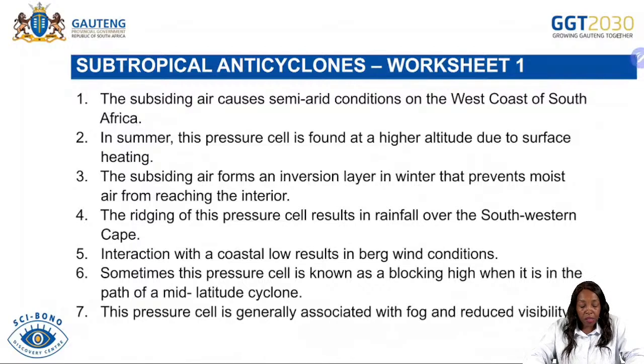Sometimes, that's for question 6 rather, sometimes this pressure cell is known as a blocking high when it is in the path of a mid-latitude cyclone. And then the 7th question, this pressure cell is generally associated with fog and reduced visibility.